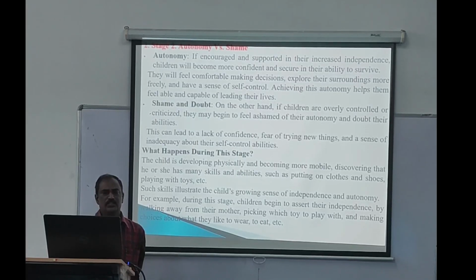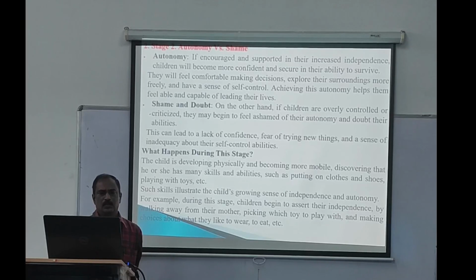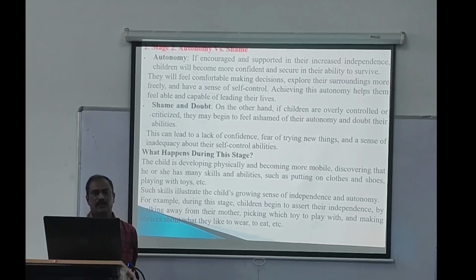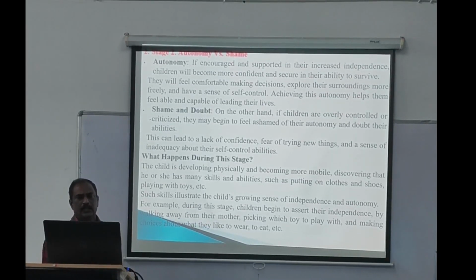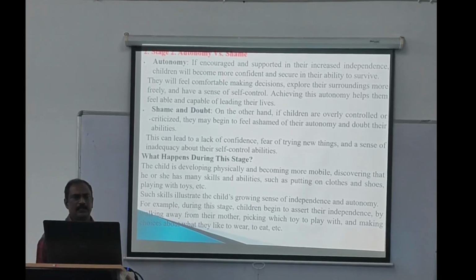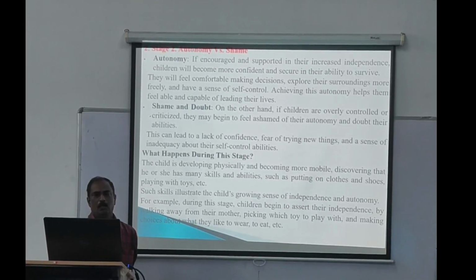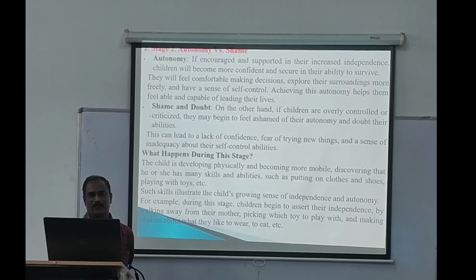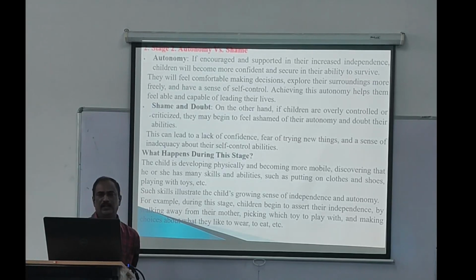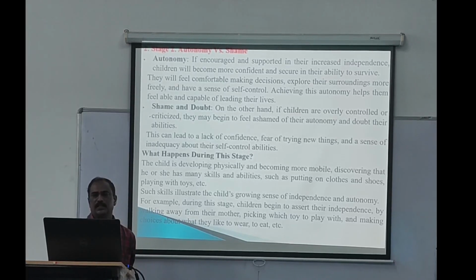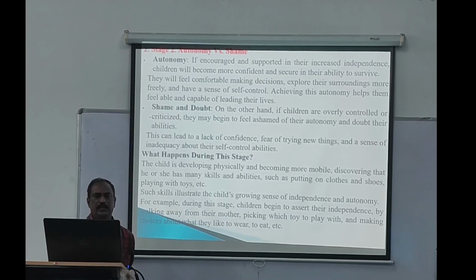Coming to stage 2, autonomy versus shame. Autonomy means if children are encouraged and supported in their increased independence, they will become more confident and secure in their ability to survive. They will feel comfortable making decisions, explore their surroundings more freely, and have a sense of self control.